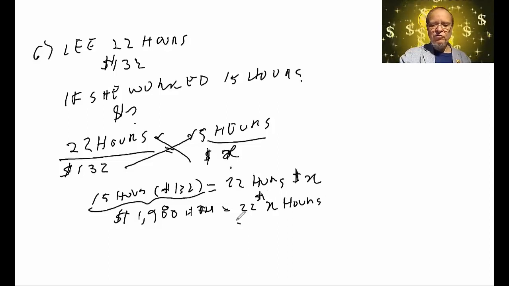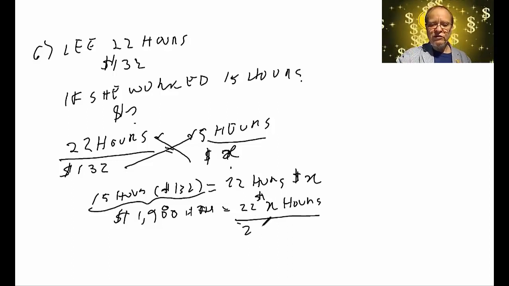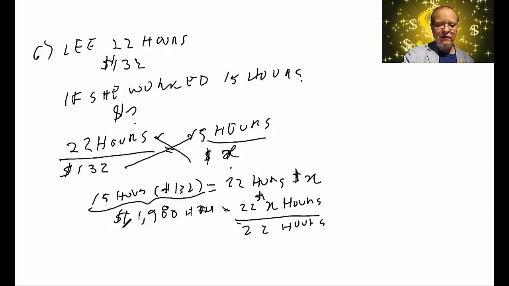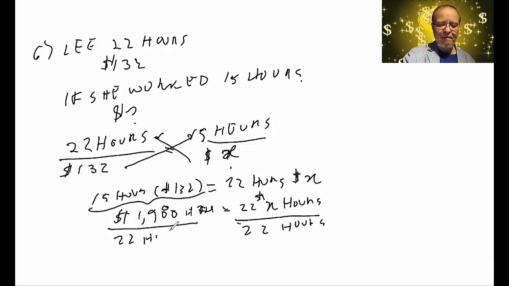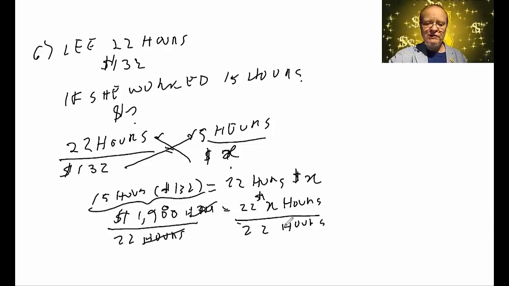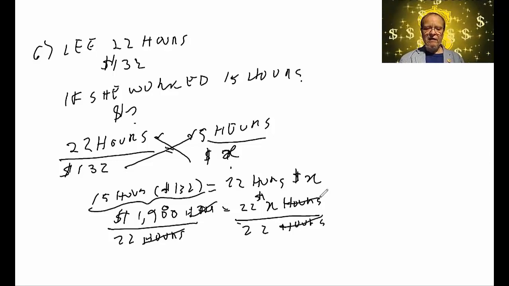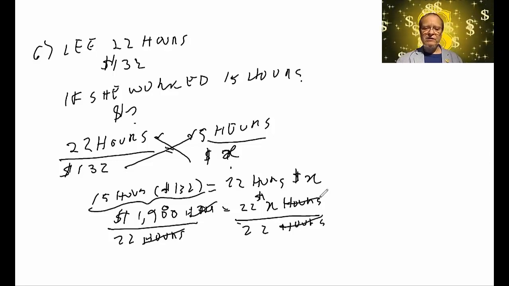Now we divide the 22 hours on each side. Notice how the hours cancel out because on the top and the bottom we have the same thing.